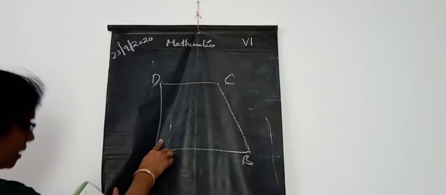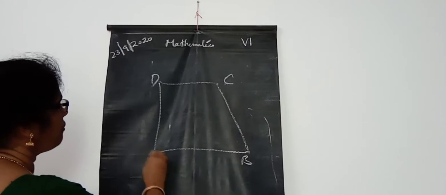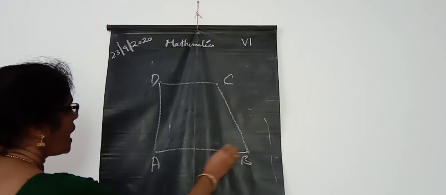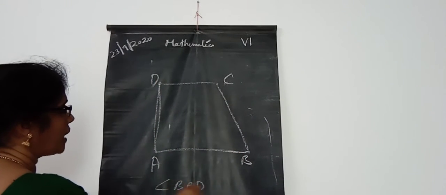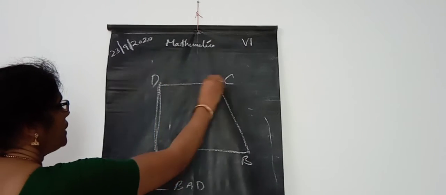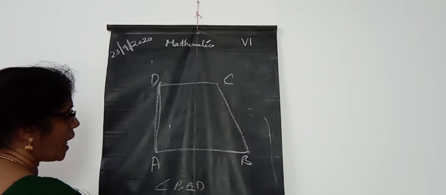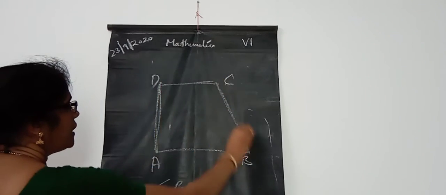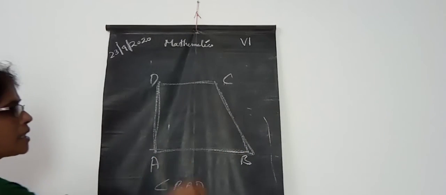That is exercise 4.3. Name the angles in the given figure. What are the angles? Yes, angle BAD, or angle A, or angle ADC, or angle D, and angle DCB, or angle C, and angle CBA, or angle B.